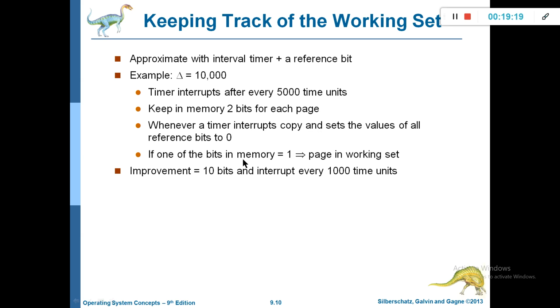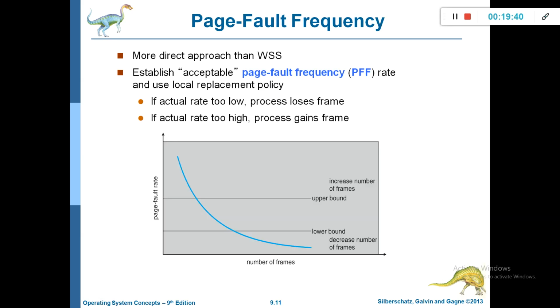If one of the bits in memory is equal to 1, the page is in the working set. So remember, if any one of the bits is set to 1, that page is in the working set. Implementing 10 bits and interrupting every 1,000 time units will give better performance in overcoming thrashing. This is about thrashing.